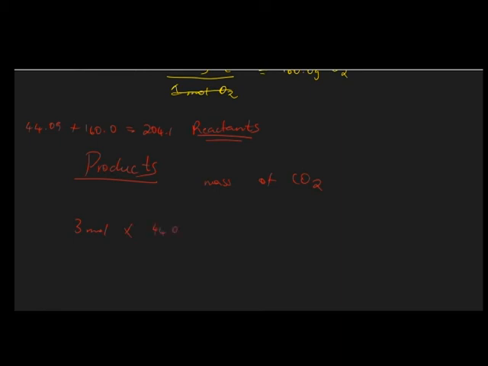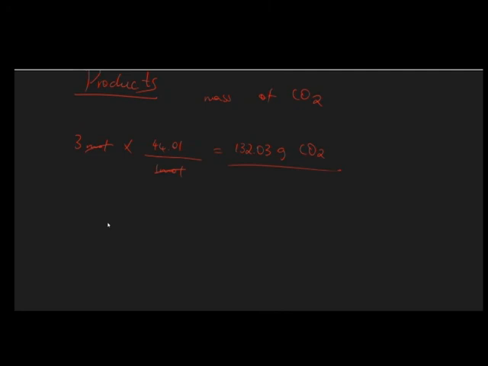It's 44.01, divided by 1 mole. This is per mole, so that cancels out, and we have 3 times 44.01, which is 132.03. This is grams of carbon dioxide in our equation.